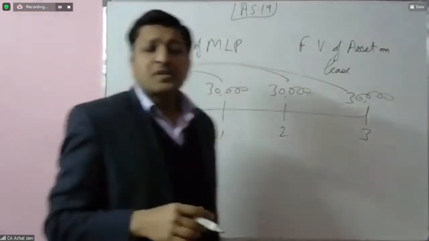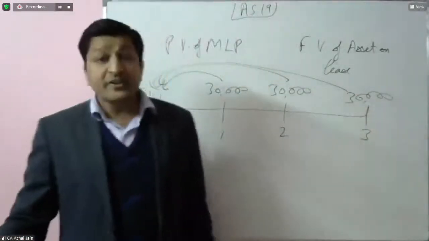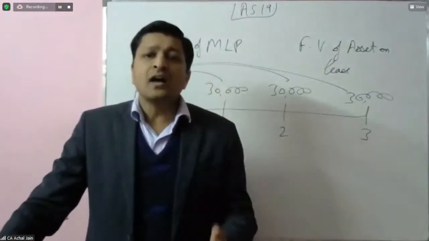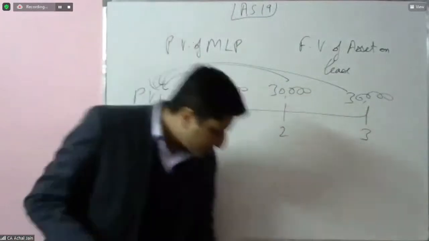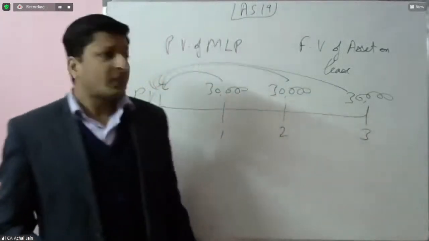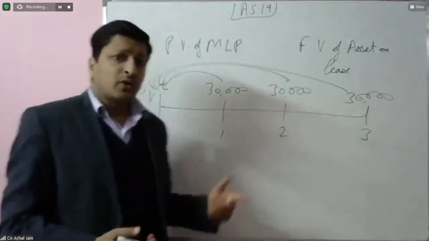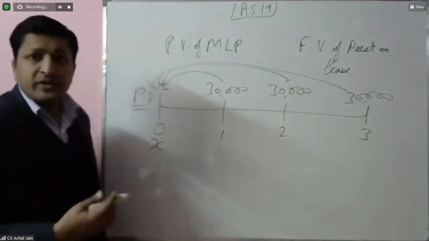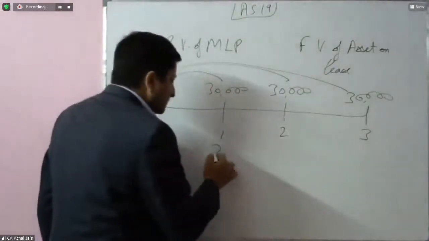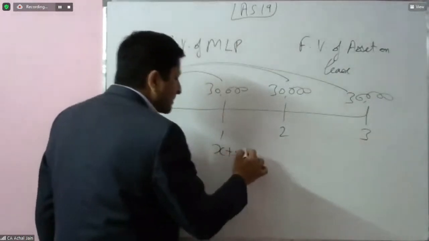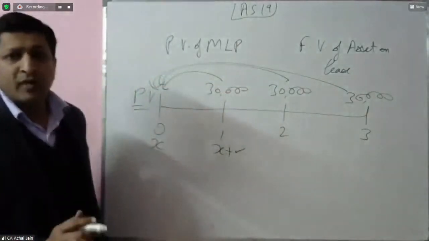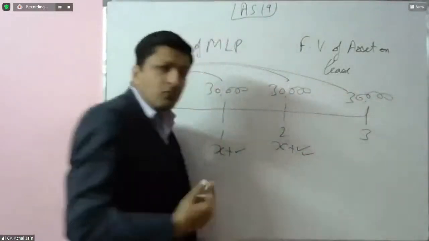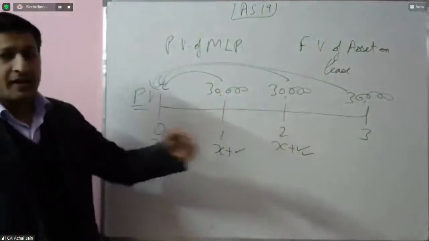In respect of this present value, we understood that it's all about assessing the time value of money, which is inbuilt in these amounts. Because any amount which is, let's suppose, X today will become X plus something after the end of 1 year, and X plus another amount after the end of the second year, and so on.